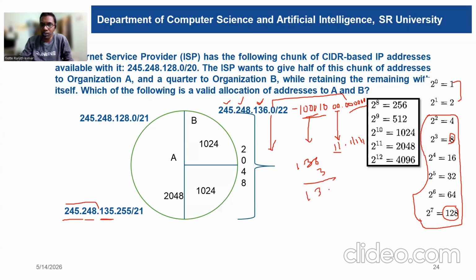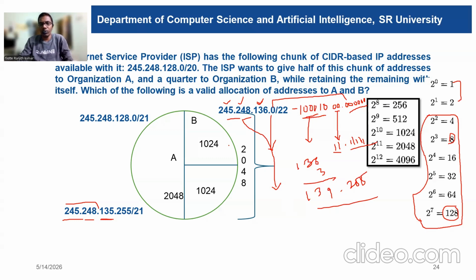Now it is going to be 139. Okay. This last one, all ones, so all ones means that is 255. Okay. And the 245 and 248 will be written as it is. This will be the last address of this organization B.